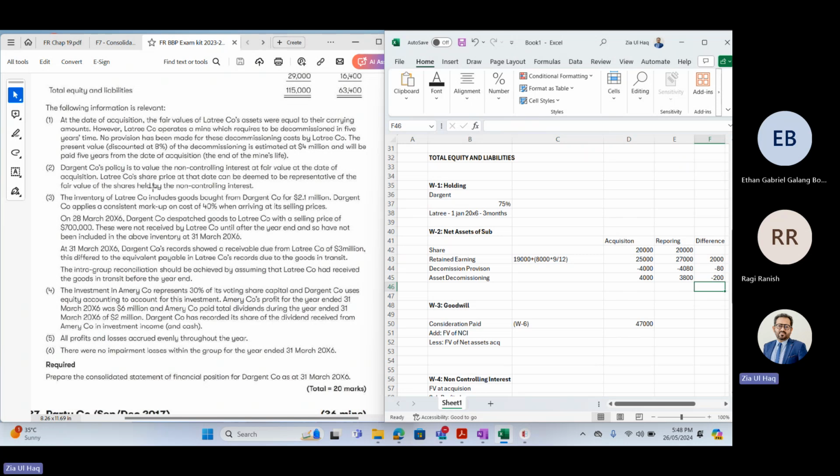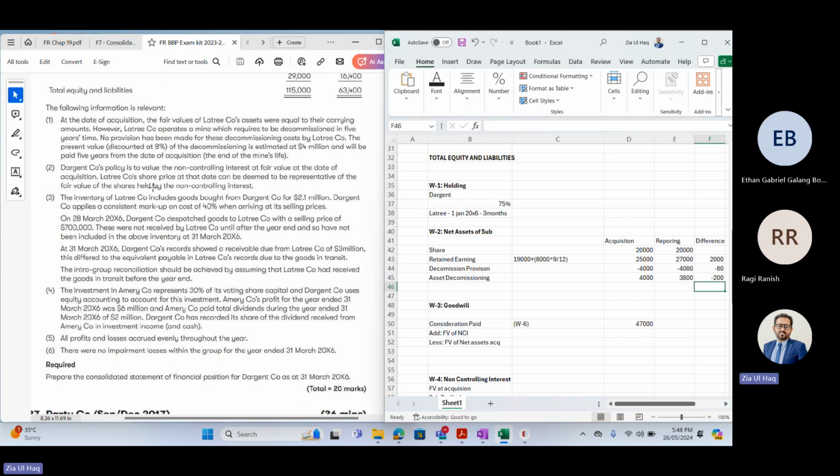D company's policy is to value the non-controlling interest at fair value at the date of acquisition. If they have a fair value policy, normally fair value is given in the question. Latry company's share price at the date can be deemed to be representative of the fair value of the shares held by the non-controlling interest.